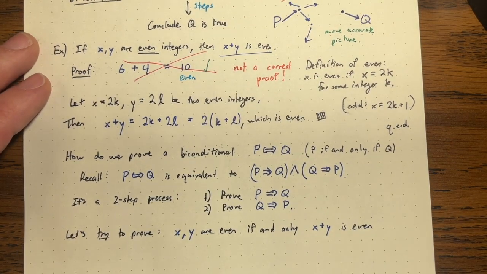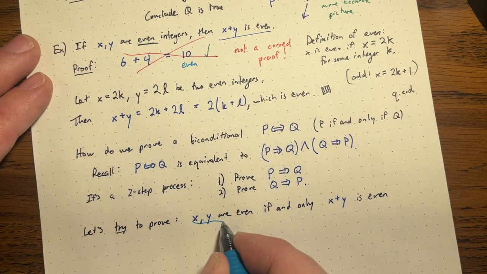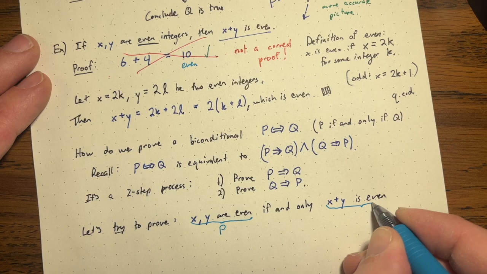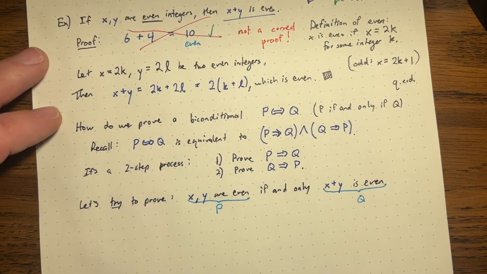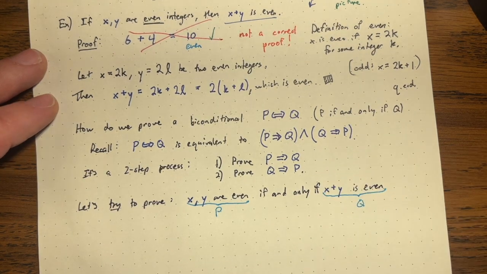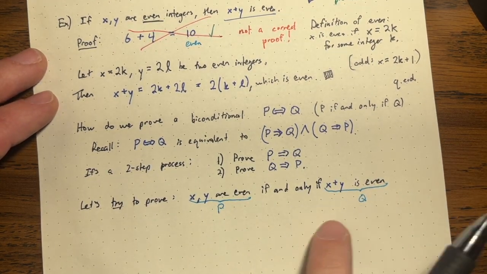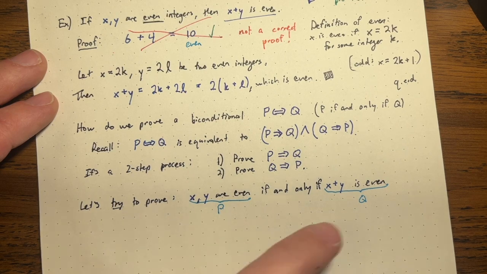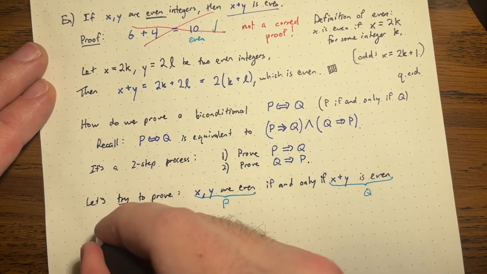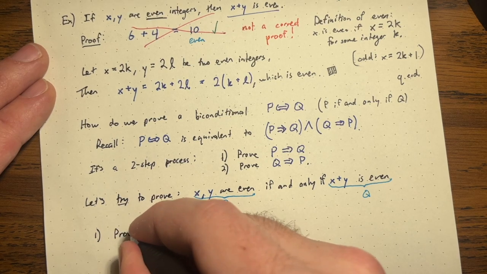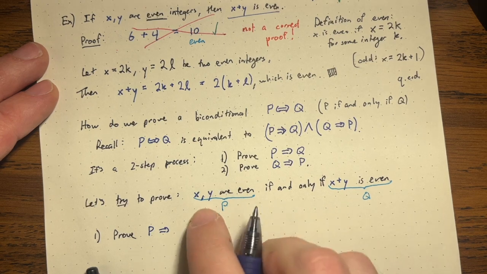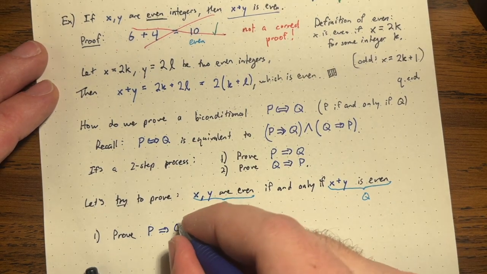Same setup as before. Here's my P. Here's my Q, let's say. How do we prove an if and only if? We do that way and then that way. So we have this implication and that implication. So let's prove P implies Q first. If x and y are even, then x plus y is even.